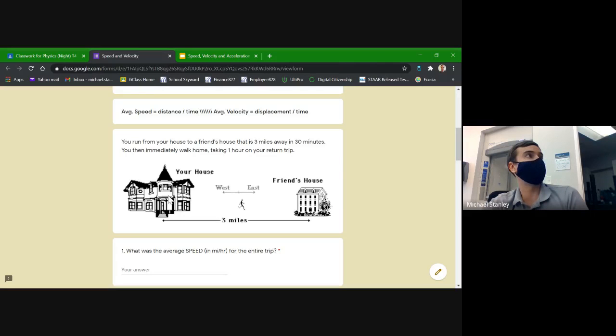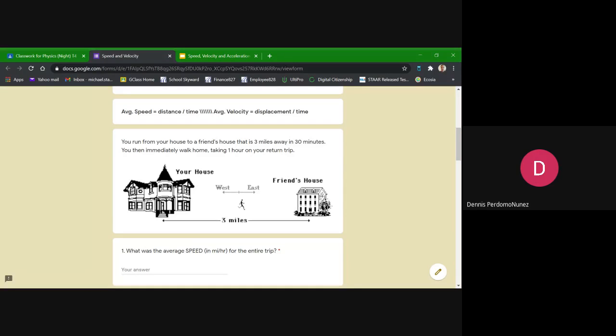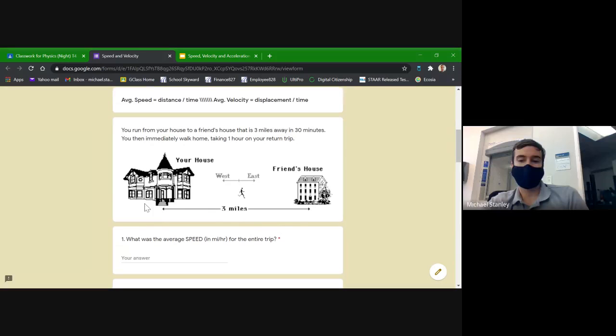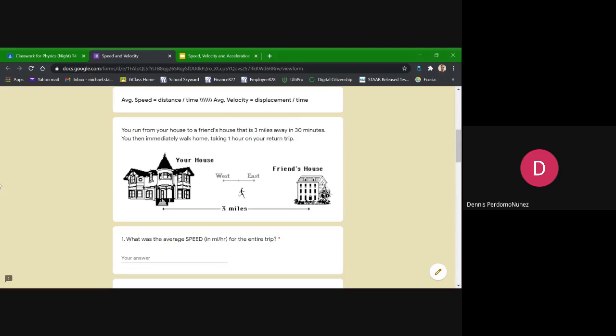So it's 3 miles from your house to your friend's house. And if you walk from your house to your friend's and back to your house, what's the total distance that you covered? 10. 6 miles. Not 10, 6. Exactly. 3 miles there plus 3 miles back means 6 miles in total. We have to get better on that. Good.